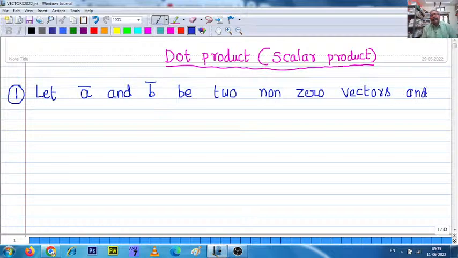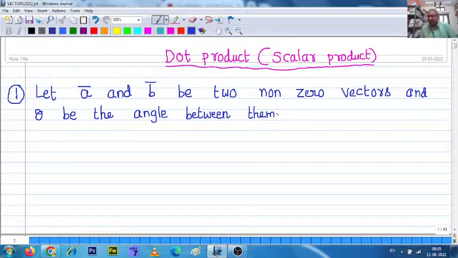And theta be the angle between them. Clear?